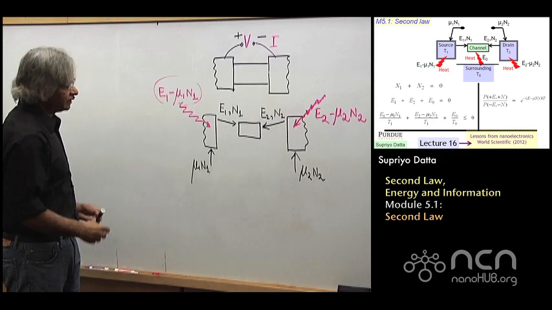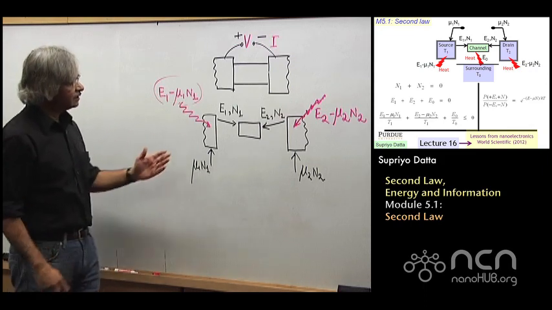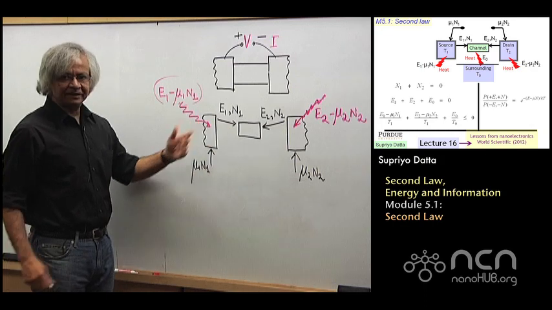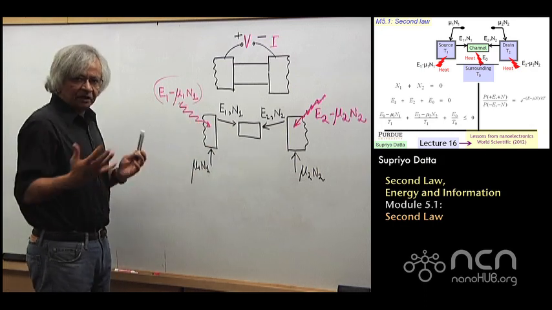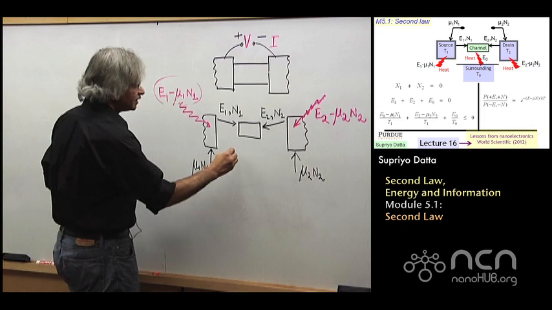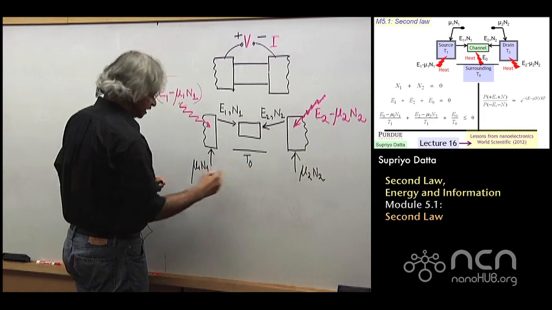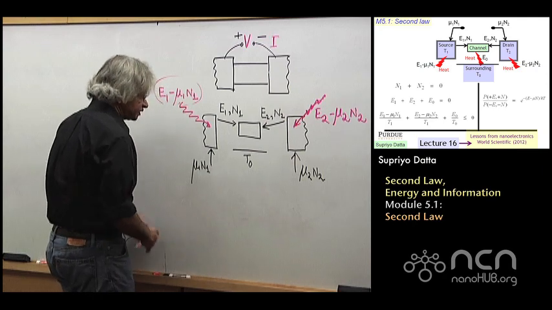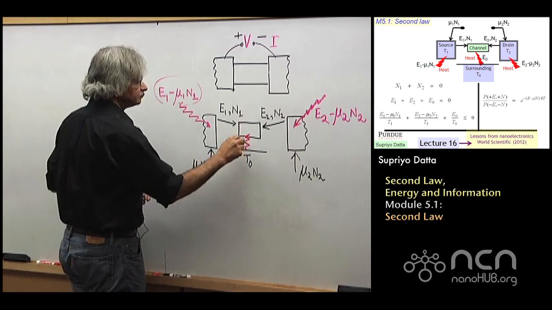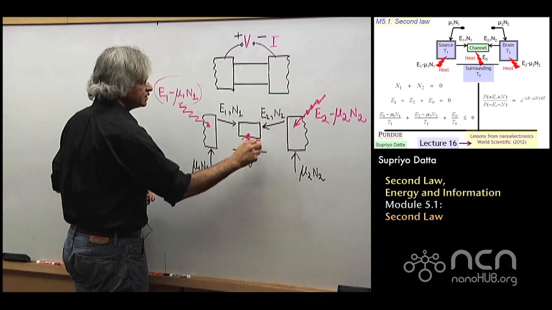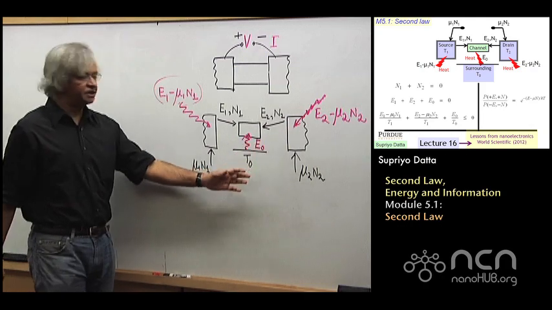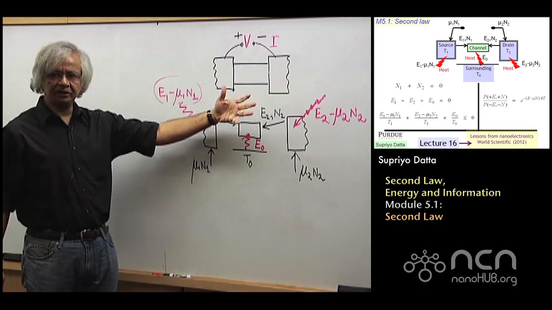And the only new thing that I'm adding is that, instead of confining ourselves to elastic resistors, let's also add the possibility that there will be some energy exchange with the surroundings here, which I'll write as E0. So this is the energy that is taken from the surroundings.